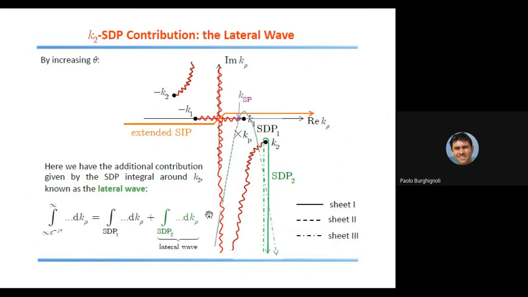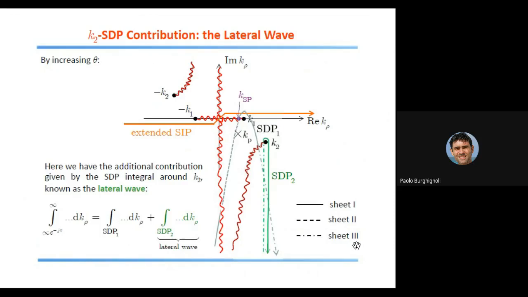Consider that now, because of all those crossings of branch cuts, the steepest descent paths lie in various sheets. For example, here the dashed part of the gray curve is in the second sheet, whereas the dash-dotted part of the gray and also of the green steepest descent paths lie on the third Riemann sheet.